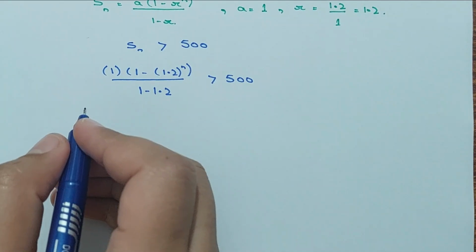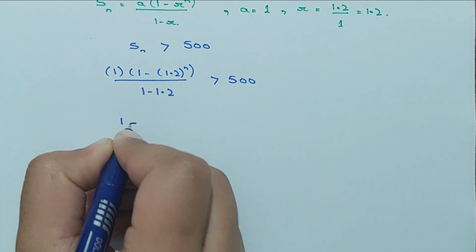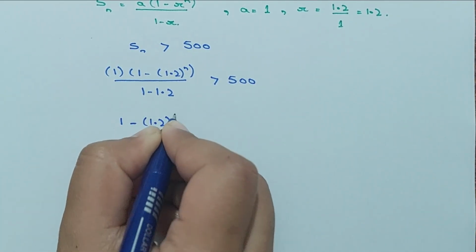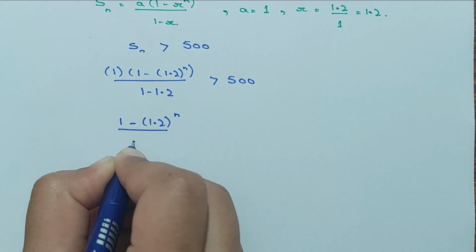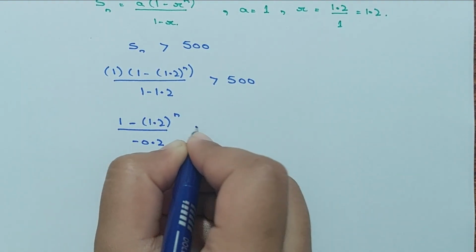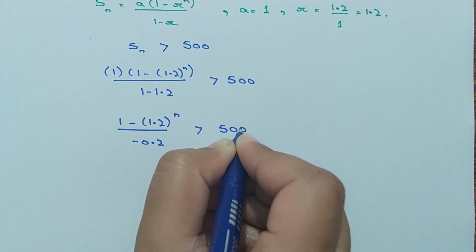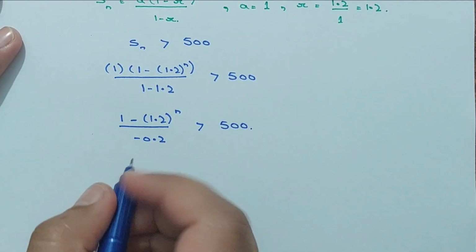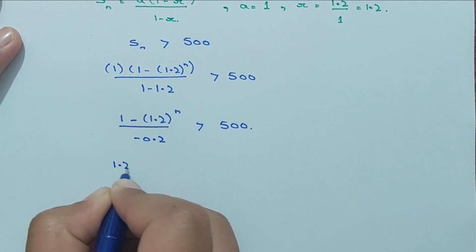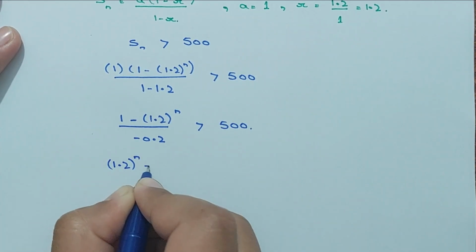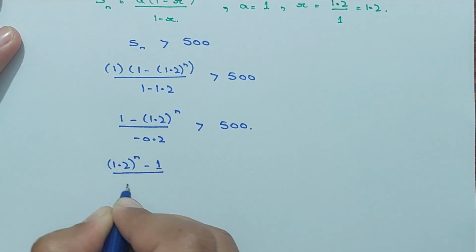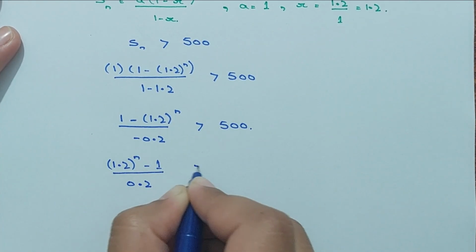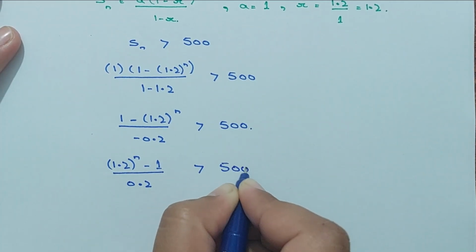So we have 1 minus 1.2 to the power n, over negative 0.2, more than 500. Taking the negative sign common from the numerator and denominator and cancelling it out, 1.2 to the power n minus 1 over 0.2 is more than 500.